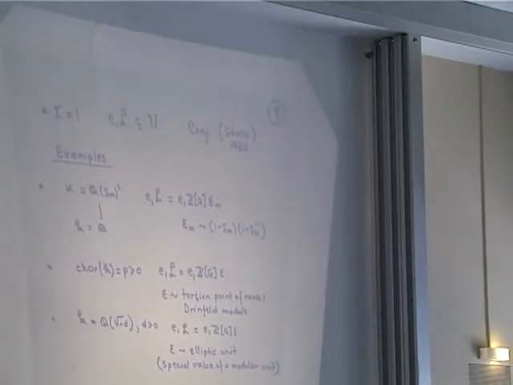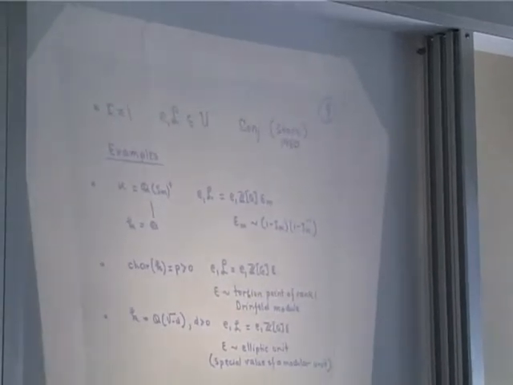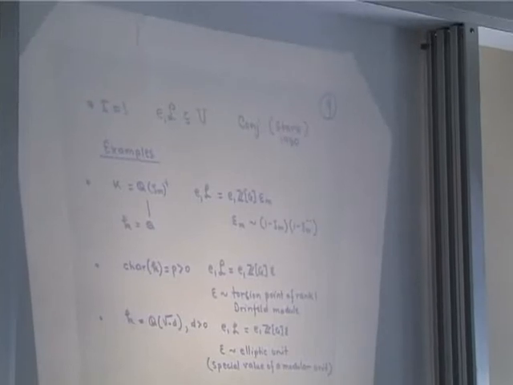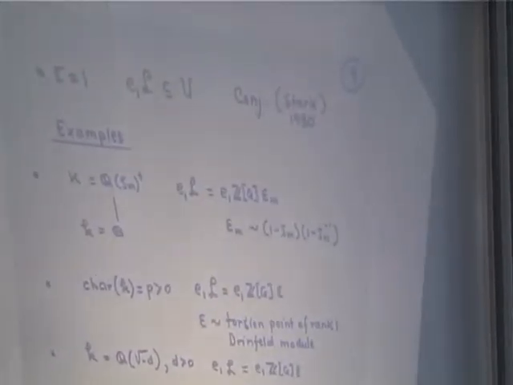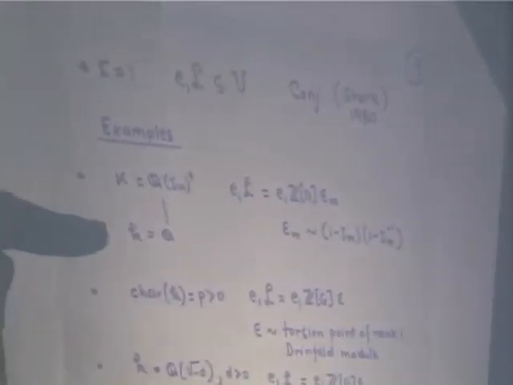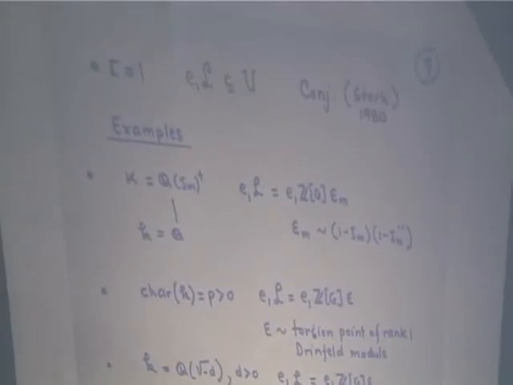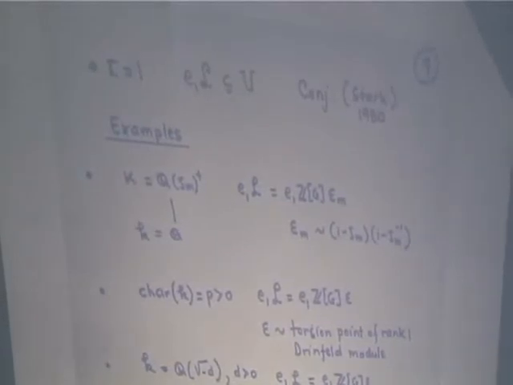Okay? Well, we have very little evidence for this conjecture, but let me tell you what we know. We know how to prove the conjecture, for example, in the situation where the base field is Q and the top field is a real cyclotomic field, Q of zeta m, where zeta m is as usual a primitive m-th root of unity.